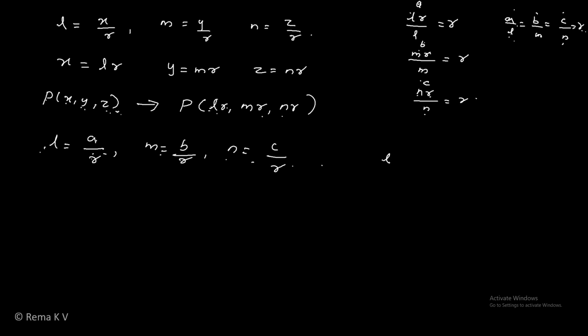Okay, remember this property: L square plus M square plus N square. These are the direction cosines, L, M, N are the direction cosines. This will always be equal to 1.